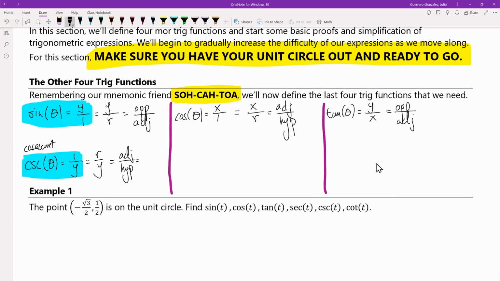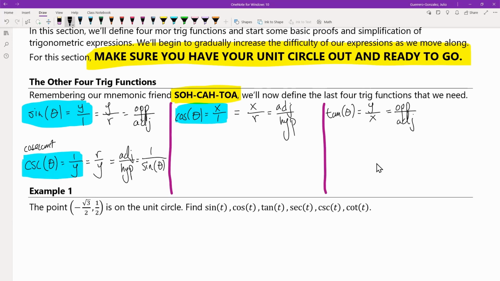We have our first identity. I think it's called the reciprocal identities, if I recall correctly. Cosecant is also 1 over sine of theta. Let me write the sine nicer. There we go. That is the definition of cosecant.